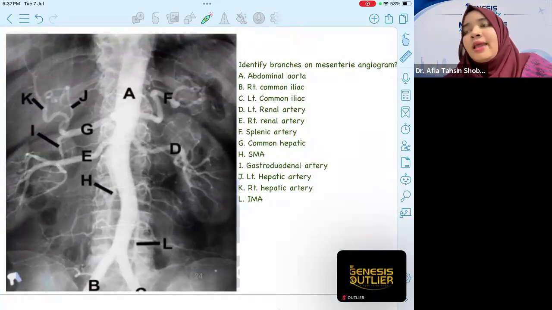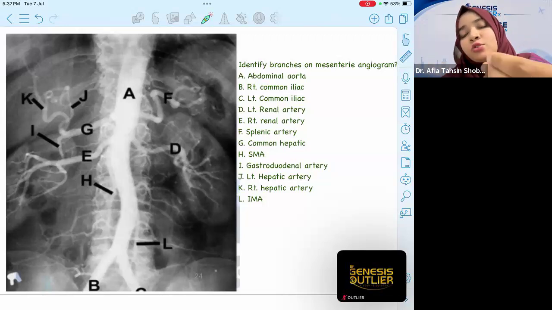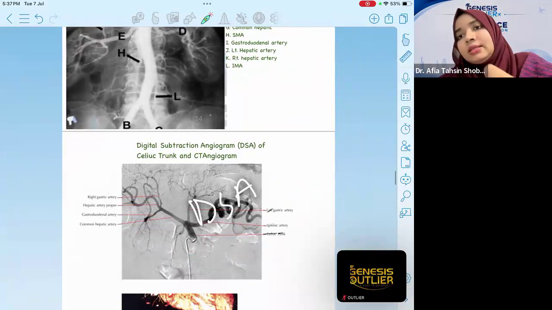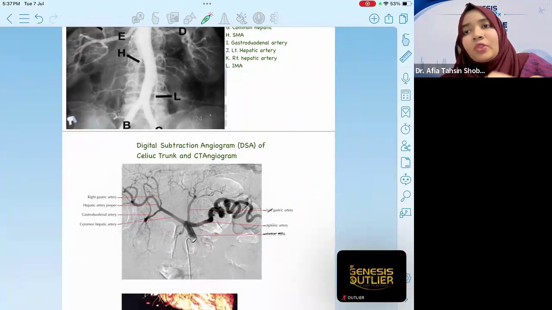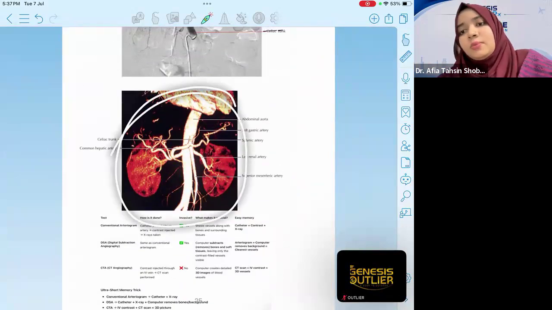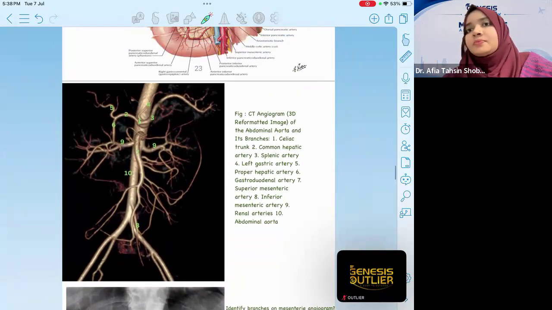So in conventional angiogram, you can see these structures and you will see the artery also, but in DSA you can focus on the artery itself. So this is the difference, and this is CT angiogram. Now I think we won't make mistakes.